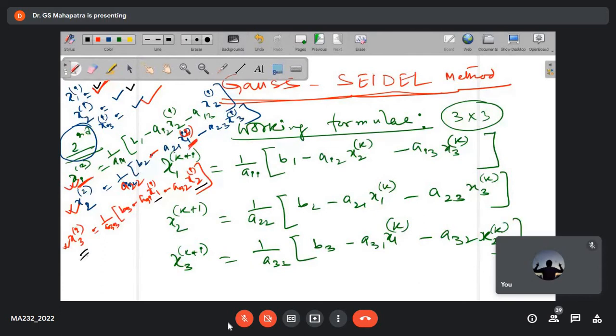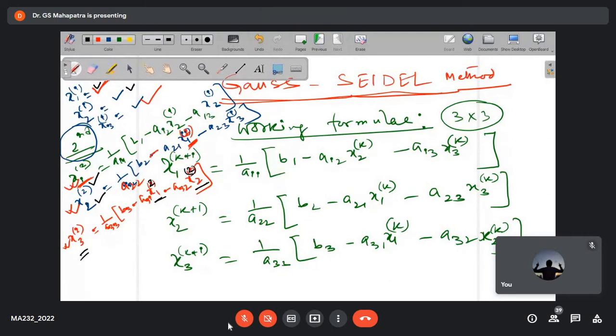It is actually according to the Gauss-Jacobi method. But we have already updated values x1 (2) and x2 (2). Instead of those, we are using the old, exactly previous iteration values. Since we have updated values, we will use those instead. Are you following me?